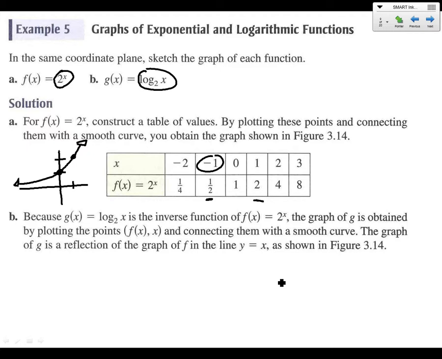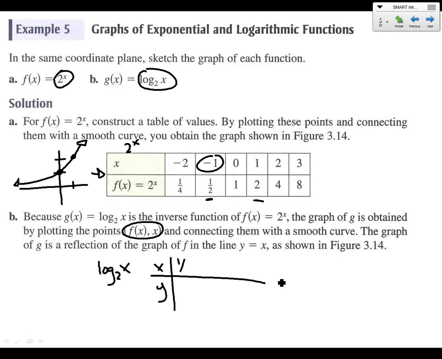Alright, so what's going to happen with our logarithm function? Well, the logarithm function is just the inverse of exponential. So what does that mean? That means flip the x's and the y's. So if we take the t-table here for 2^x, the t-table for log base 2 of x is just going to be the exact same thing flipped over.